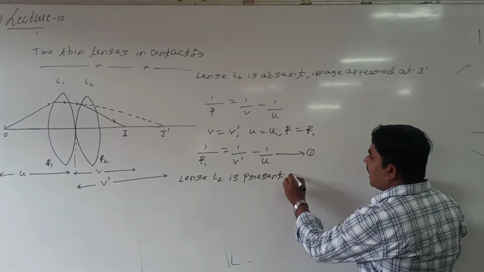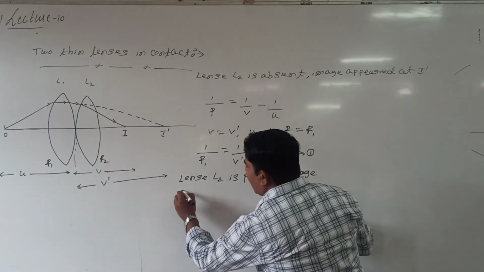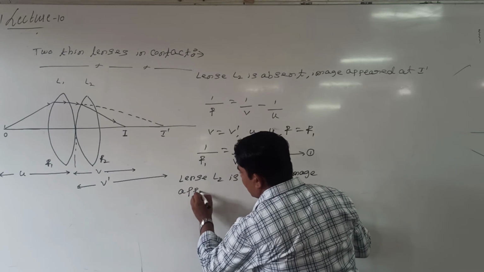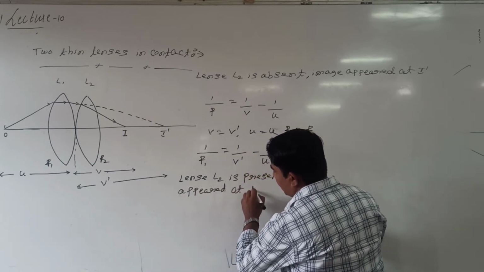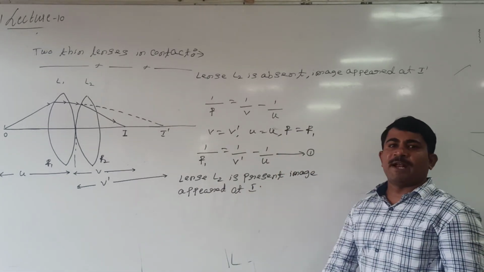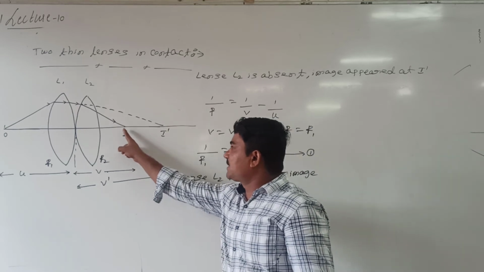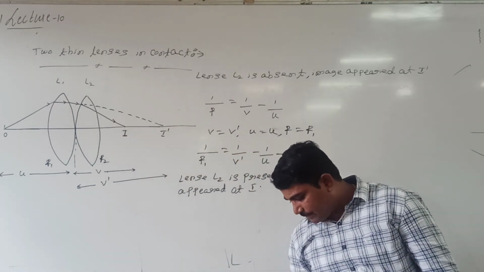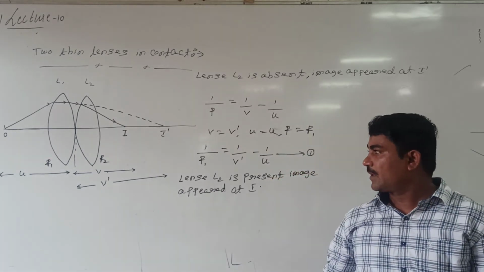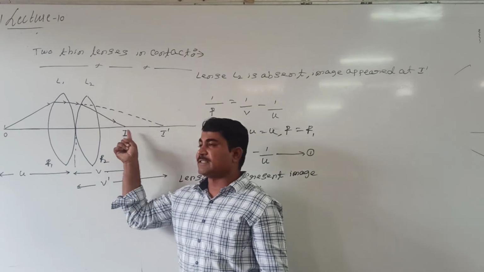So see here, when lens L2 is present, the image appeared at I. When the image appeared at I, then this I dash acts as object and this acts as image. Are you following me? When lens L2 is also present, what does it become? If you stand here, this acts as object and this acts as image.